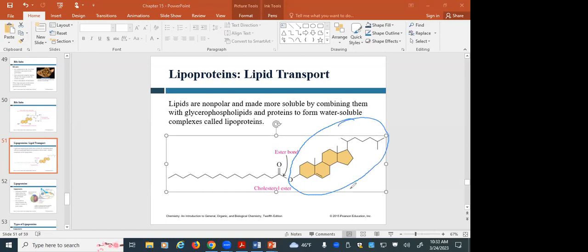This is your cholesterol group. Attached to it is this ester bond that we can vary.